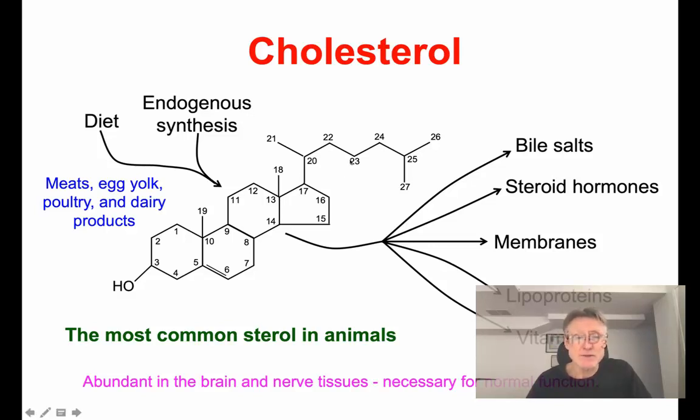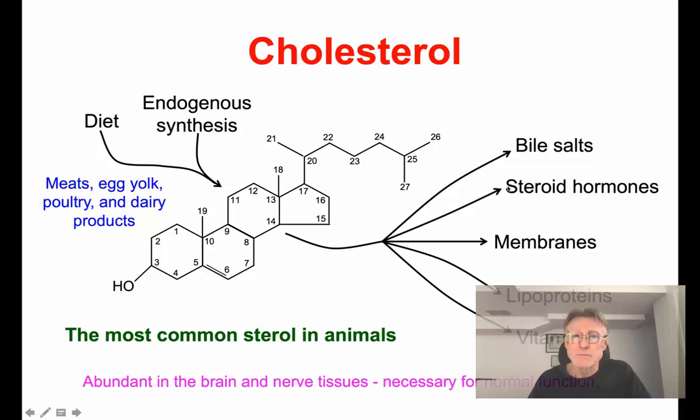But here it is. Why do we say that cholesterol is such an important molecule? Because by using cholesterol, cells in your body can make bile salts, or bile itself is essentially made up of cholesterol. So right away, you see the importance of cholesterol for digestion of lipids in your body. It forms steroid hormones, testosterone, estrogen.